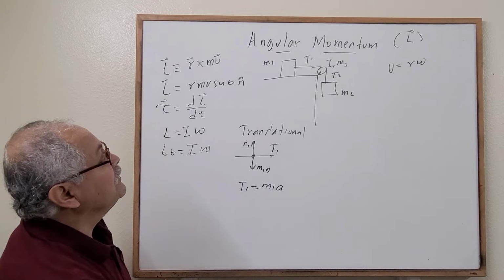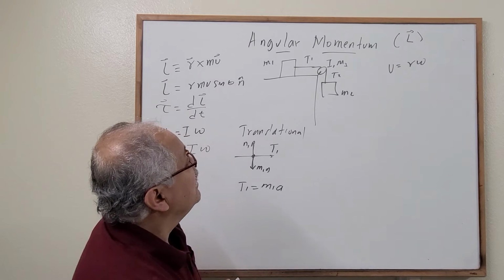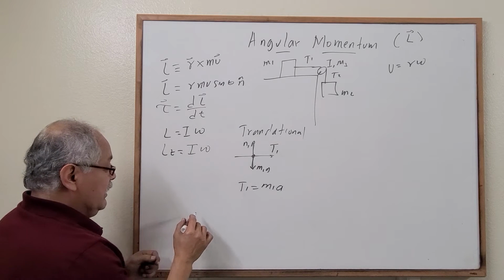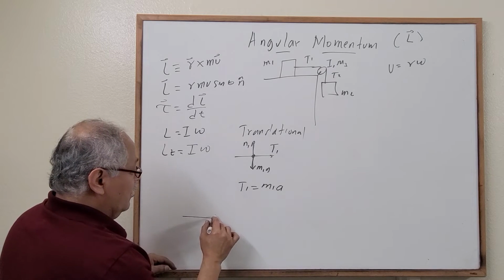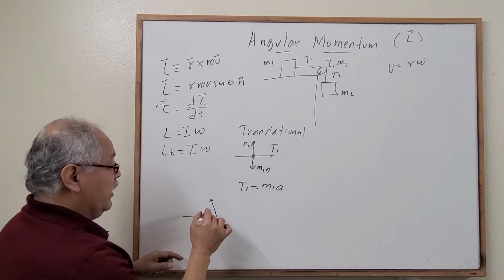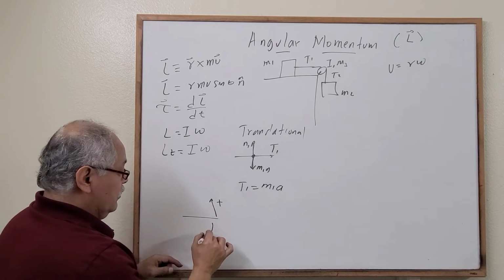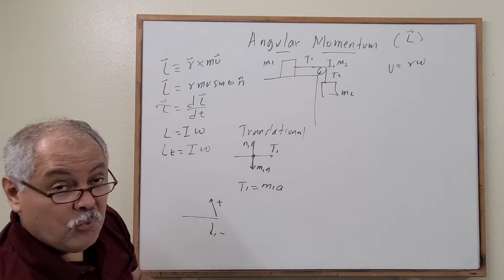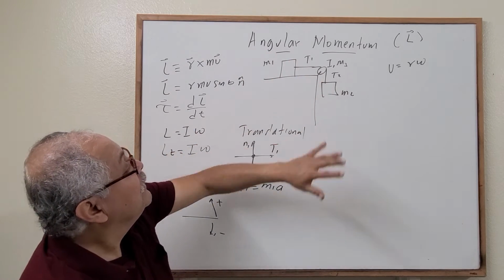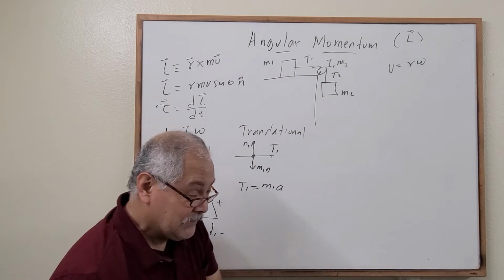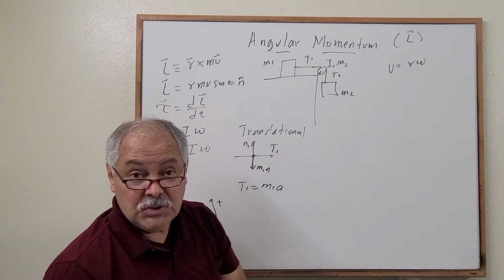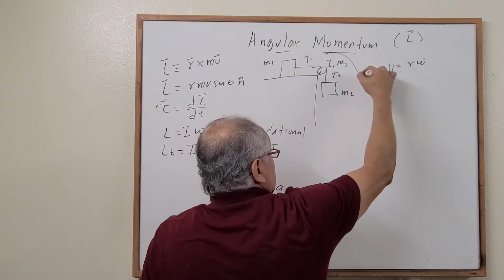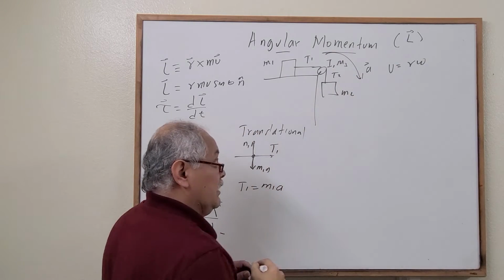Perfect. Also remember, we mentioned before when we were dealing with torque, if the motion goes counterclockwise, the direction is positive, and clockwise is negative. This is when we have only one object. But when we have a system like this one, we take the direction of motion to be the positive direction. In this case, the direction of motion goes in this way, and the acceleration goes in that way.